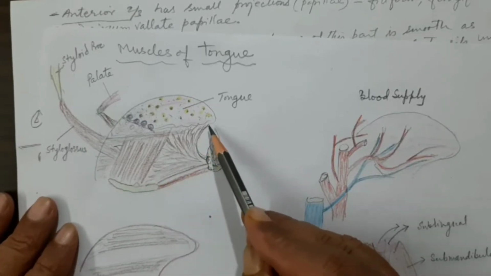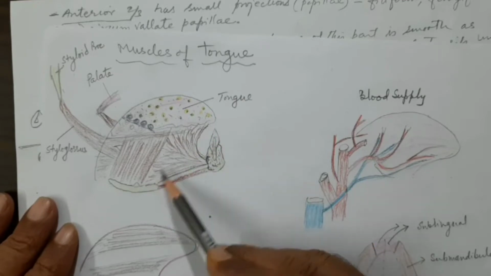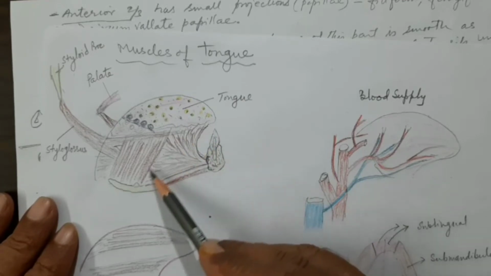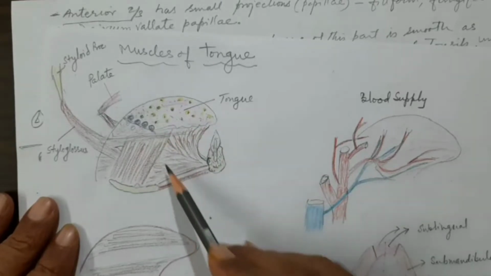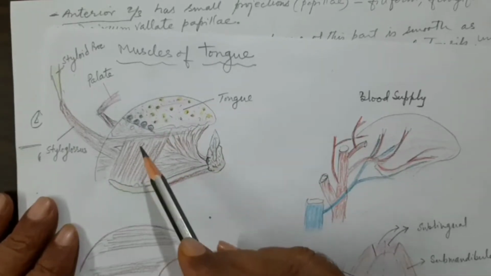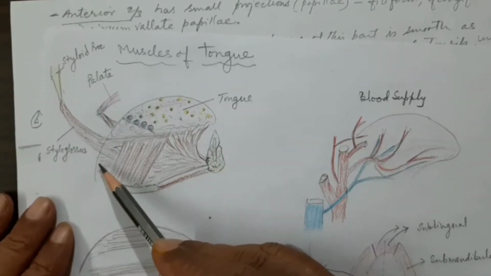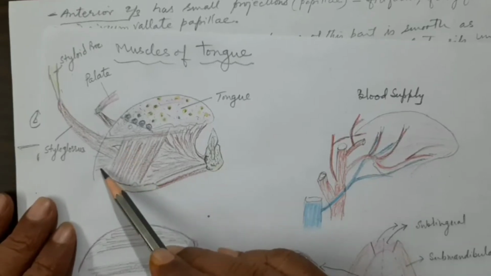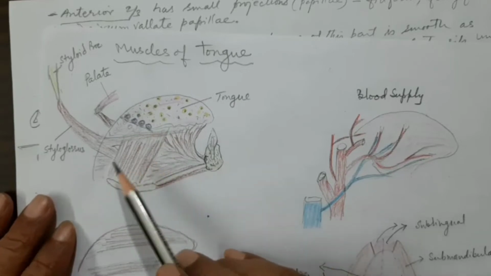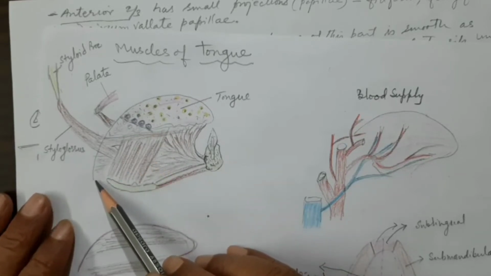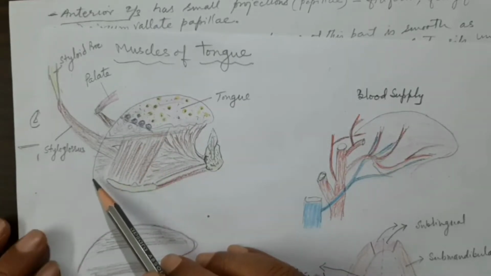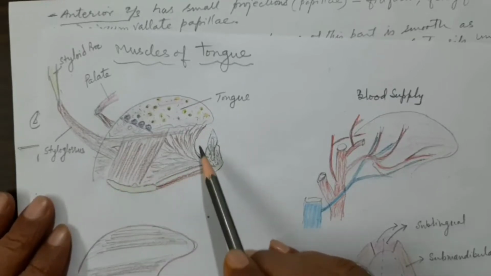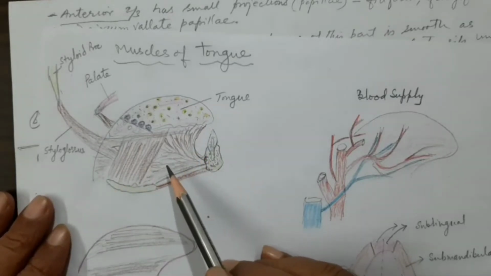You can see that these fibers fan out, go into the tongue and are attached. This is the dorsal aspect of the tongue, through which these fibers also reach right up to the dorsal lowermost part, where it has the junction with the epiglottis. So this is the first muscle, genioglossus.